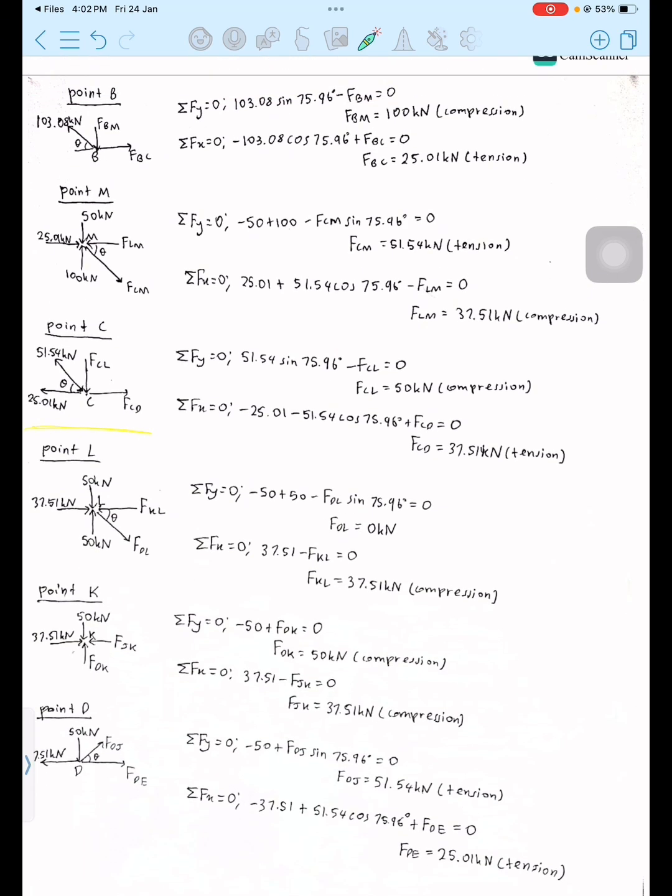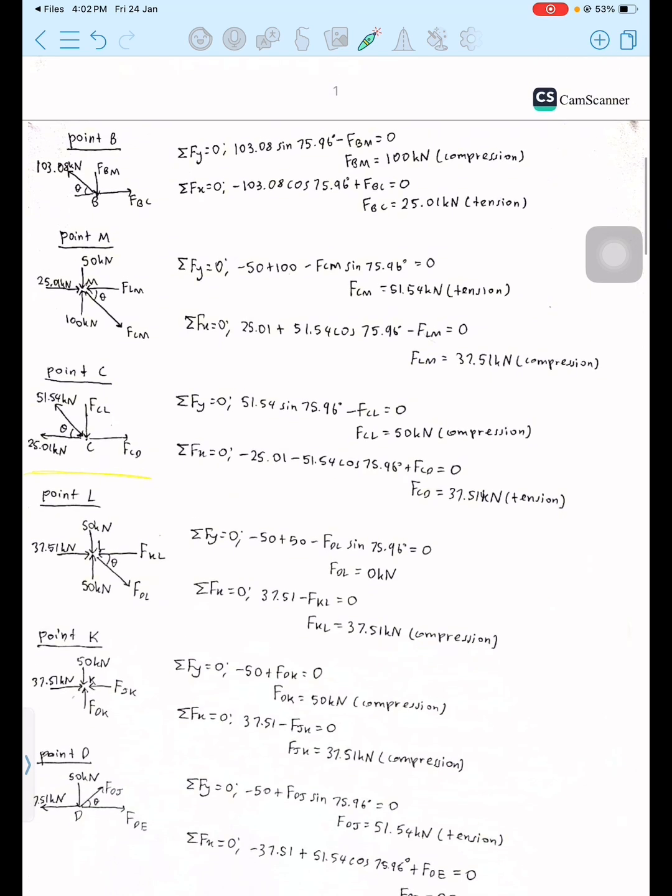Then we go to point M. At point M, we have FBM that we got before. FBM is compression, so it is towards point M, 100 kilonewton, and we have the angle 75.96. So we find FCM. We assume FCM is tension. Sum of Fy equals 0: minus 50 is downward, plus 100 minus FCM sin 75.96 degrees equals 0.